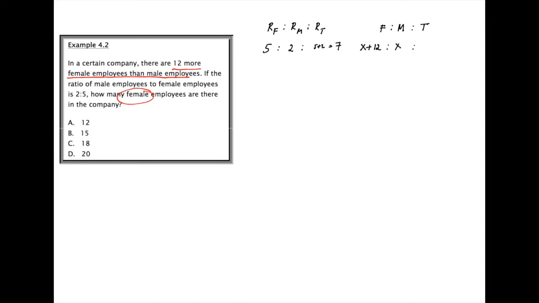Our solution now would be the ratio of the female over the ratio of the male. So we could write it as RF over ratio of the male equals the actual number of female over actual number of male.